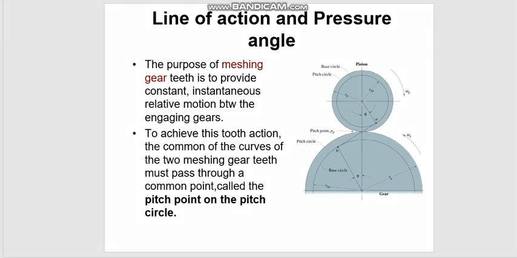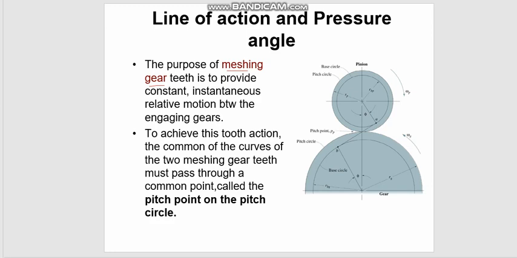The purpose of meshing gear teeth is to provide constant instantaneous relative motion between the engaging gear system. So when you have two gear teeth meshed together, it provides constant instantaneous relative motion between the engaging gears. So whatever rotational movement from one gear will be translated and transmitted to the other gear system efficiently.